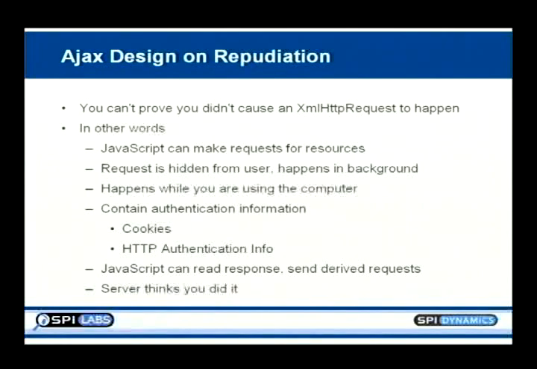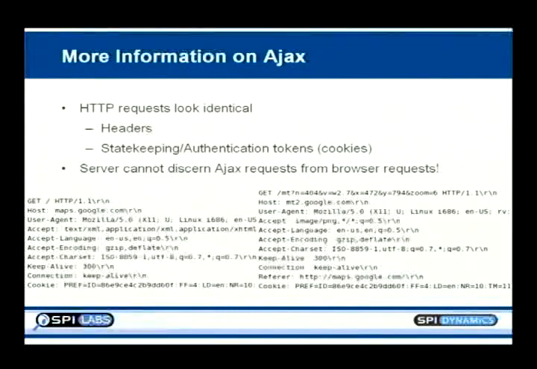Yes, I'm sorry, that is a very good point. The reason that is different is that I actually typed in maps.google.com, and when you type it in, there is no referer because I wasn't coming from anywhere. Now, the referer lets you know that maps.google.com was the site I was on.